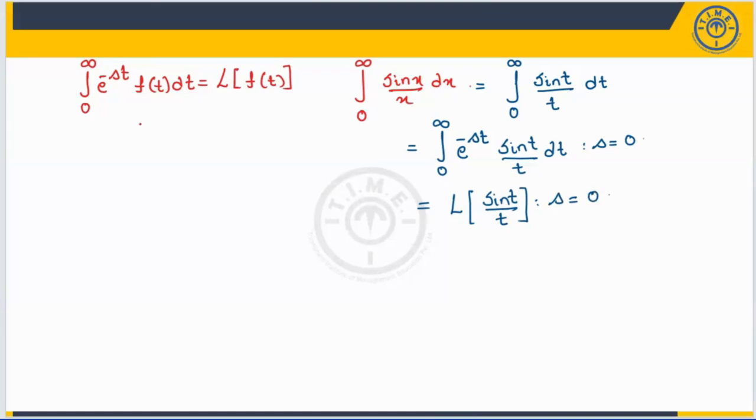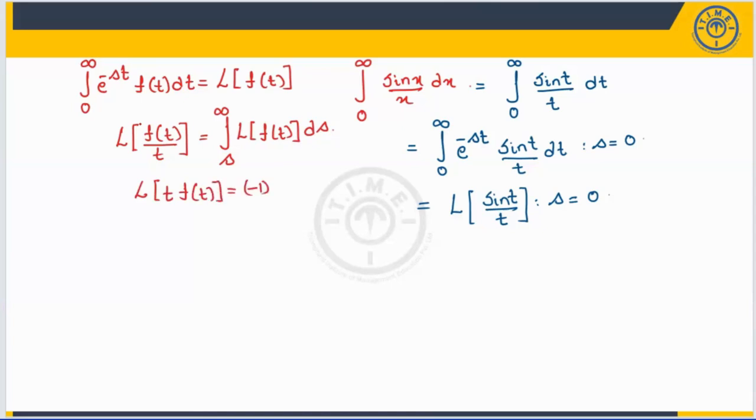Now, in the properties of Laplace, if it is divided by t, then that is the integral from s to infinity of L of f of t ds. And if it is multiplied by t, then it is the derivative, minus 1 into d by ds of L of f of t.